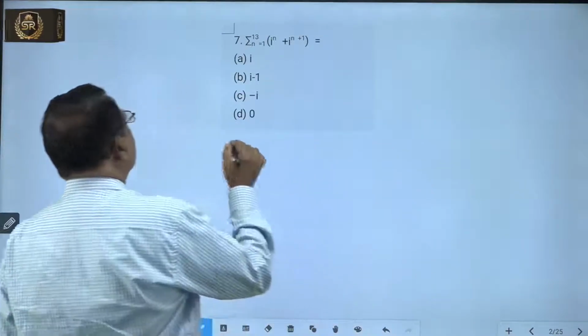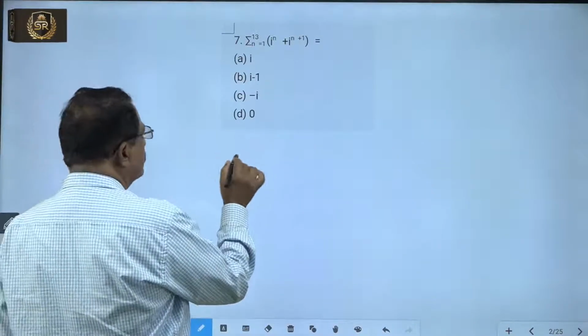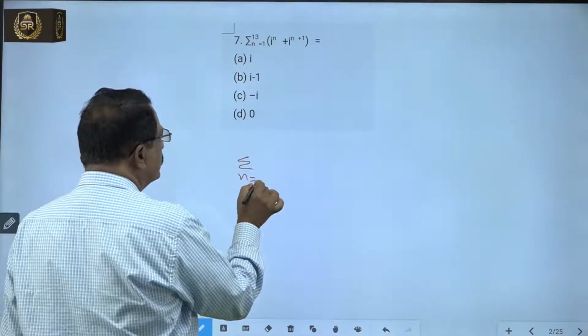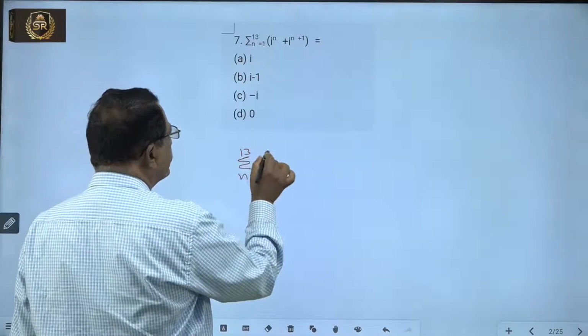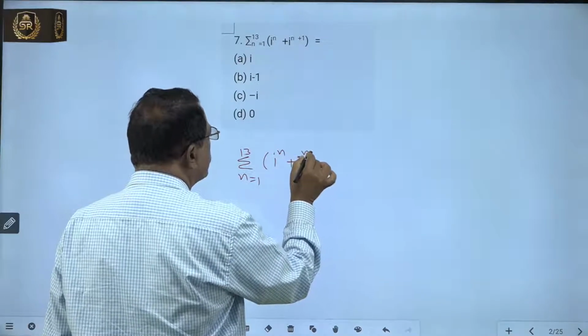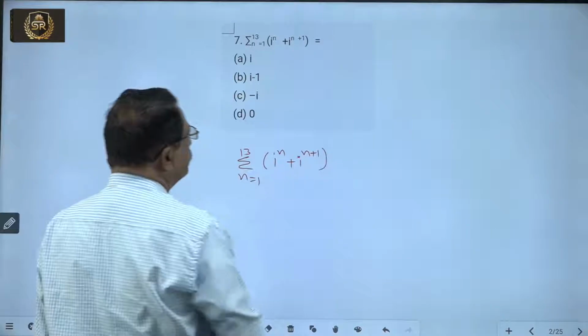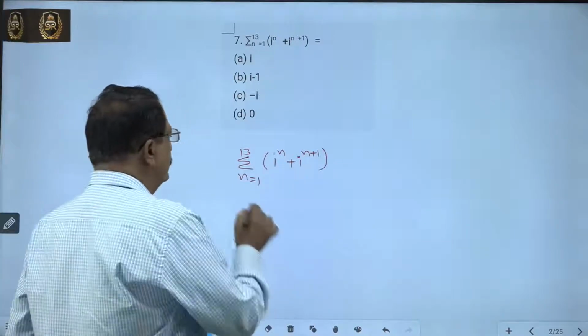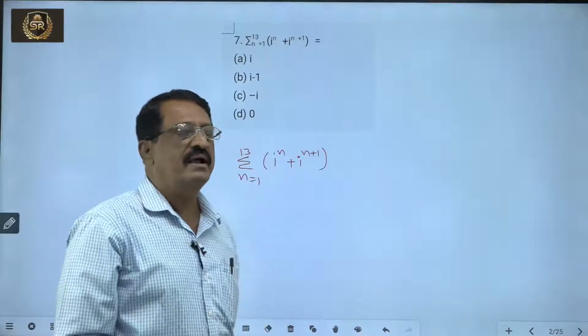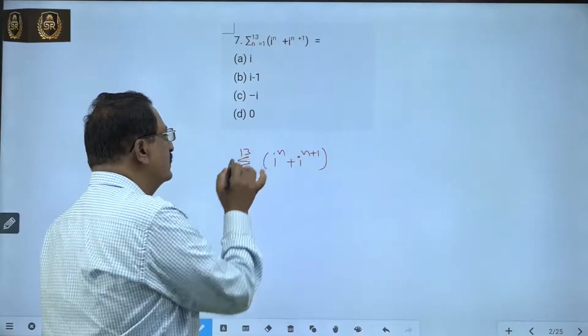Next, 7th problem. Sigma n equals 1 to 13 of i to the power of n plus i to the power of n plus 1. Here sigma is nothing but the summation of the series, with values of n from 1 to 13.